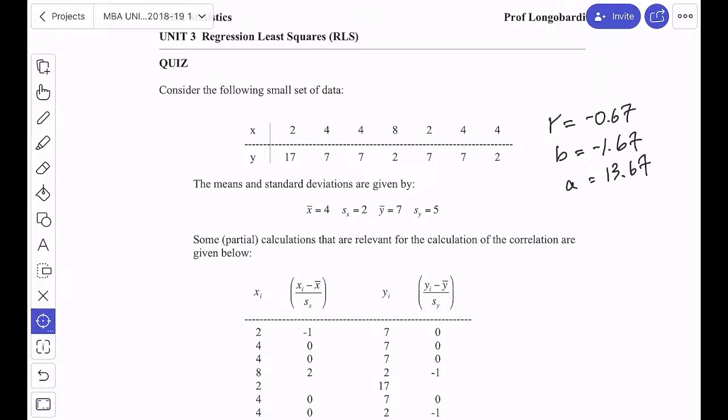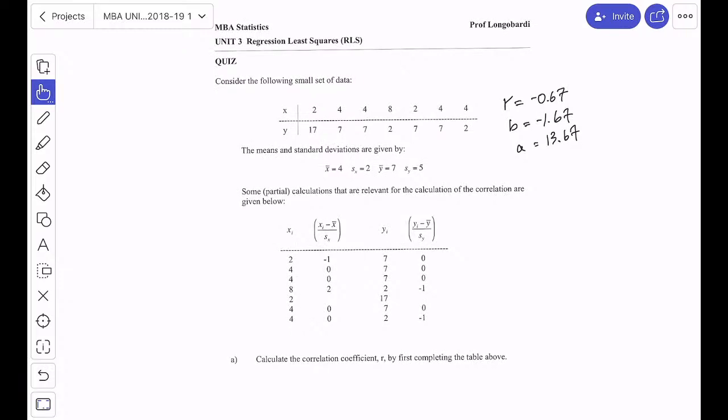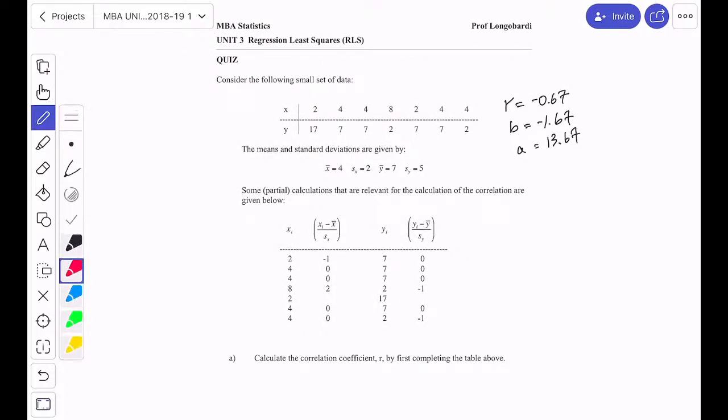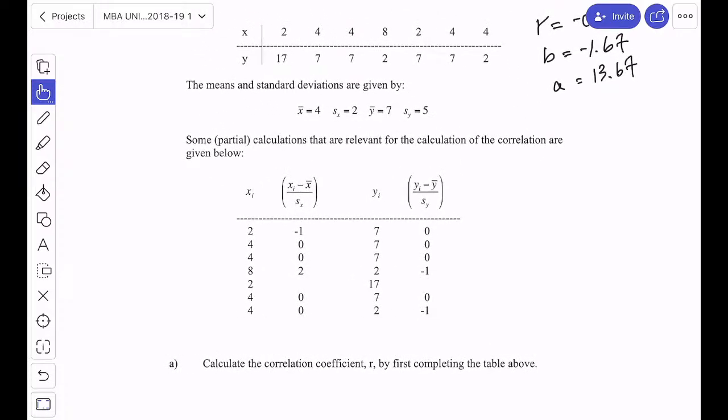So missing values. When x is 2, what is the standardized term? So it's 2 minus 4 divided by 2.